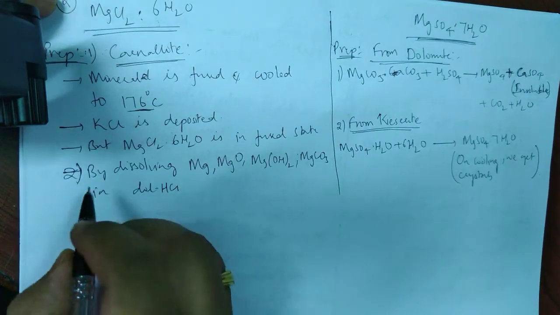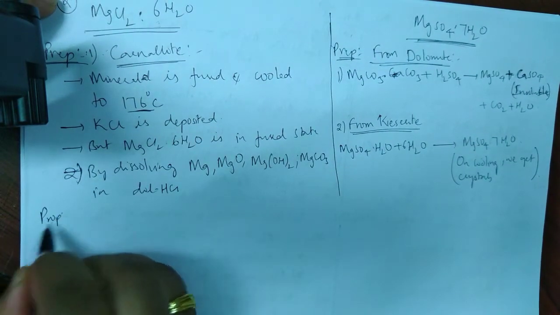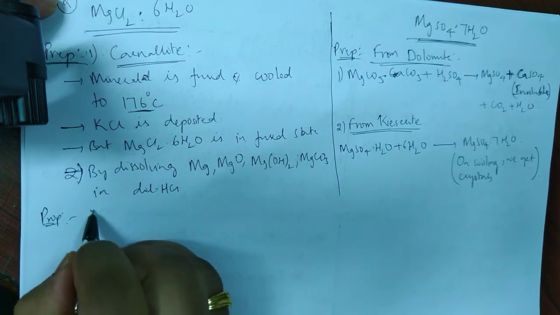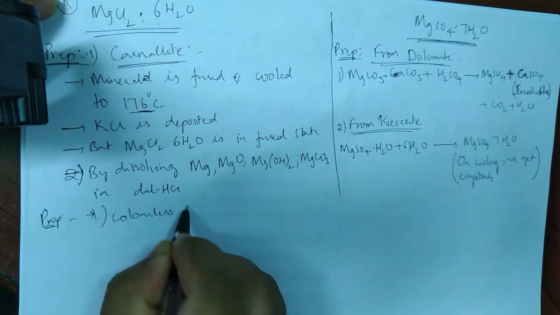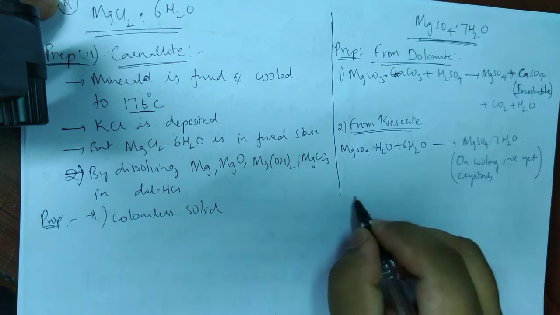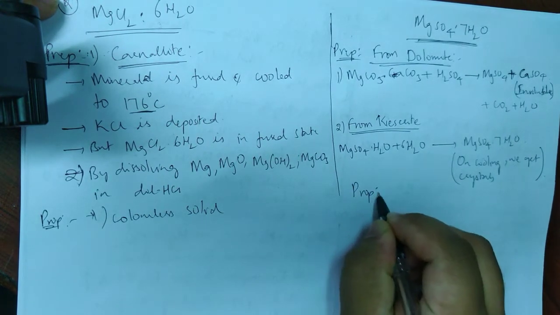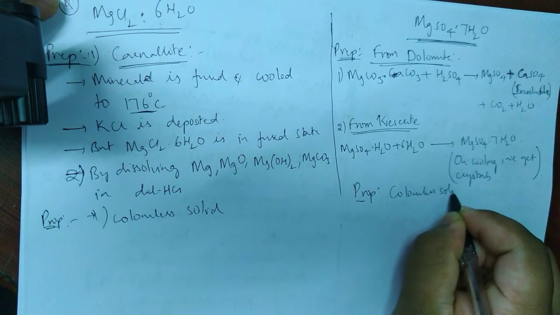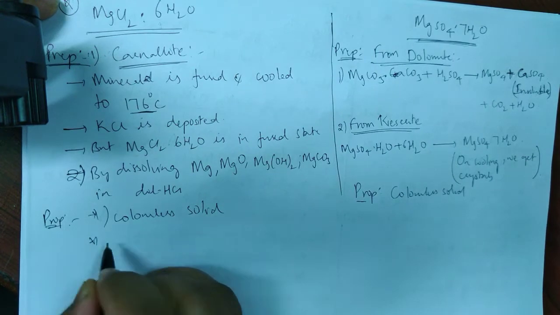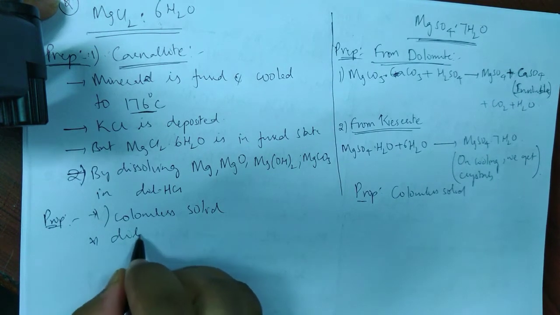Then talking about the properties, this one is a colorless solid. Even this is also a colorless solid. Both are colorless solids. And this is deliquescent.